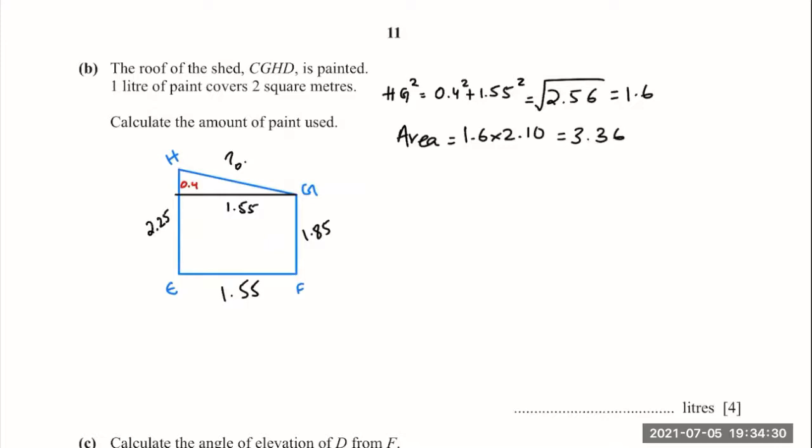Okay, 3.36. So 1 liter of paint covers 2 square meters. So 3.36 cover करने के लिए कितना चाहिए होगा? That gives me 3.36 divided by 2, 1.68. Does that make sense?